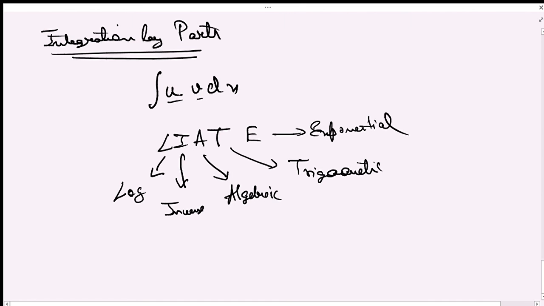If you have the function uv dx, the basic rule says that you need to separate them along this order. That is, if you have a logarithm, then you set u as the logarithm function, and v as the function which is next in preference to logarithm. Clear? This is the basic rule.